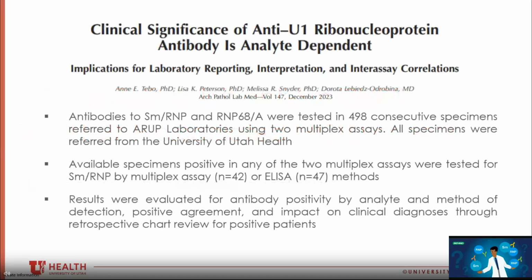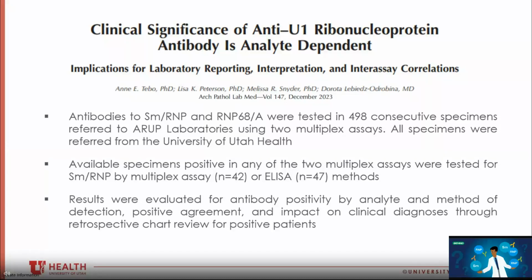Several years ago, we conducted a study to evaluate the clinical impact of antibodies against the RNP-specific proteins, RNP68 and RNPA, versus antibodies against the Smith RNP complex in patients under clinical evaluation for mixed connective tissue disease or U1 RNP-associated connective tissue disease. We used 498 consecutive specimens from patients under evaluation at the University of Utah and tested them using two different multiplex assays.